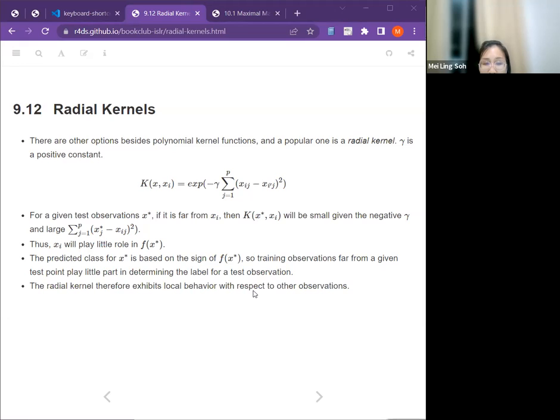In other words, the nearest observations always have more influence on how we classify a new observation, and observations that are further away have less influence on the classification.